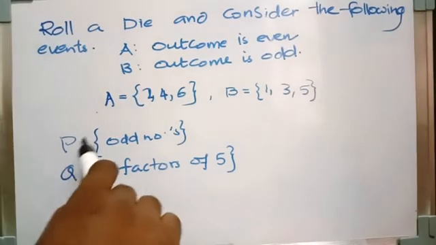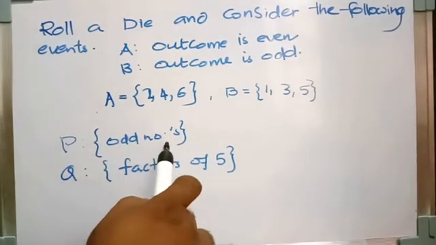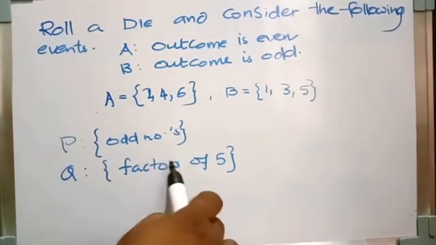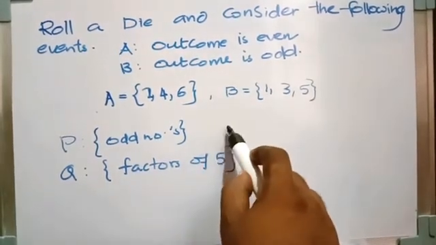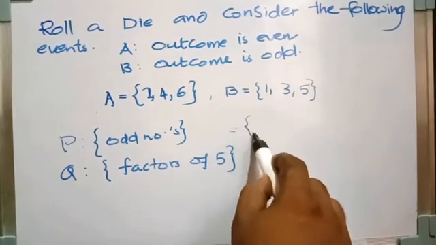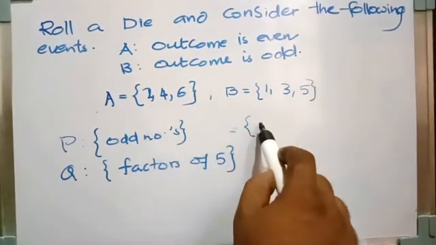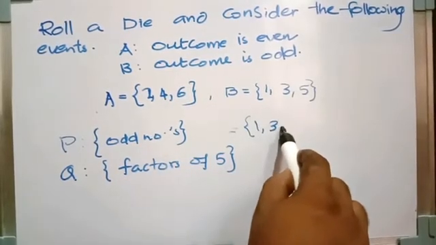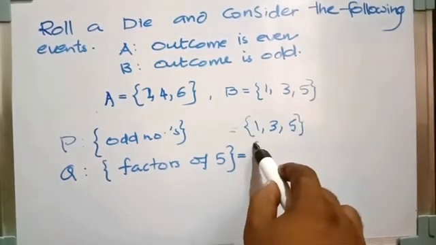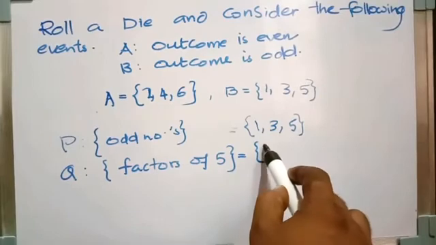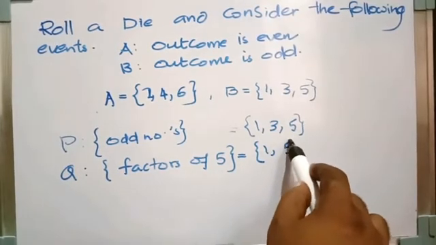So when you consider these two events, P as set of odd numbers and Q as factors of 5, let's see what are the numerals formed here. Set of odd numbers by rolling a die is 1, 3, 5. And factors of 5 when you roll a die is 1 and 5.